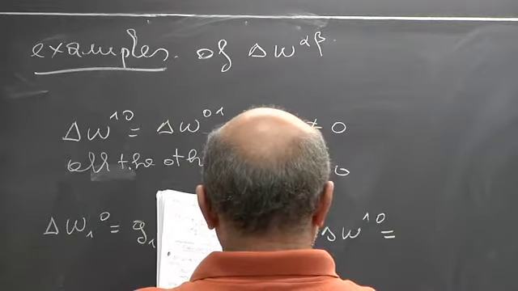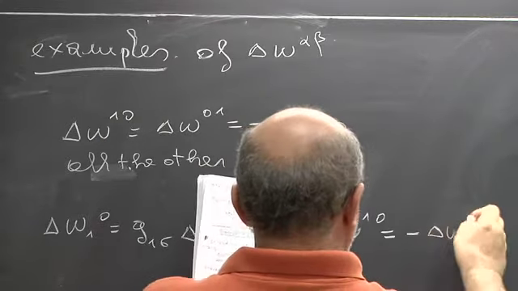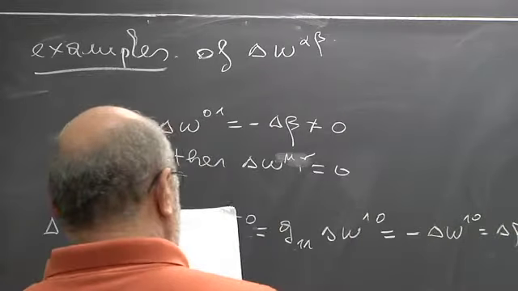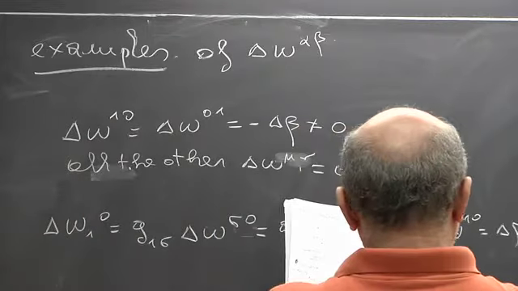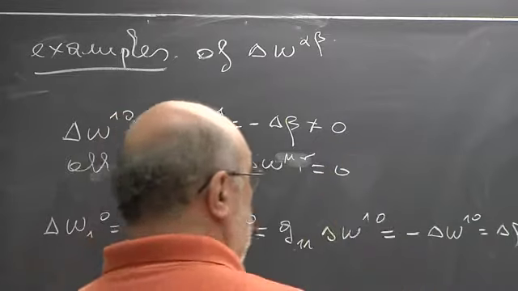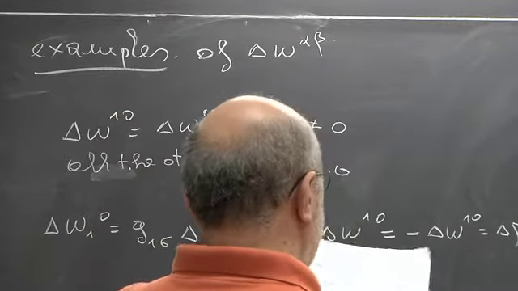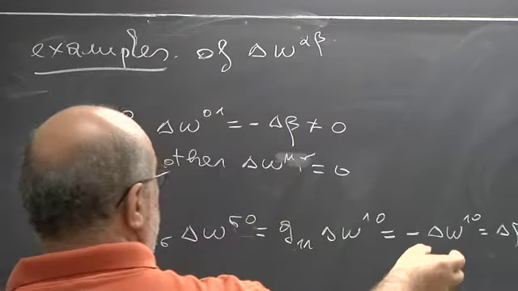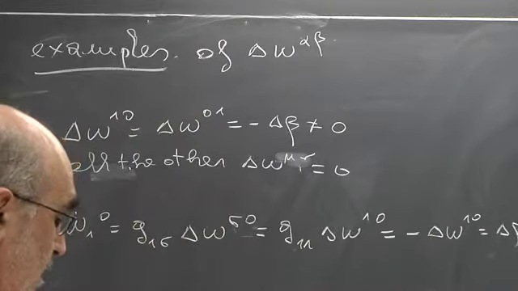The G11 we know was minus 1, so this is minus delta omega 1, 0, and this is delta beta. Okay? This is also equal to delta omega 0, 1, because if you exchange the two indexes, you just change sign because this was antisymmetric. We still have to prove that it was antisymmetric. We will prove it.